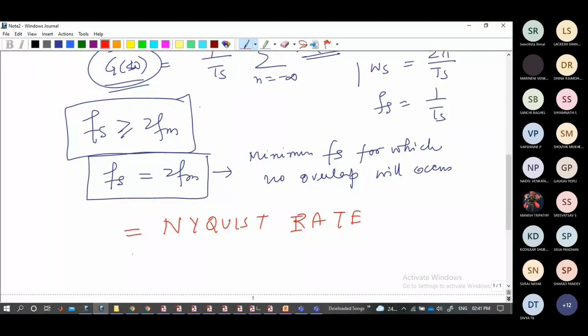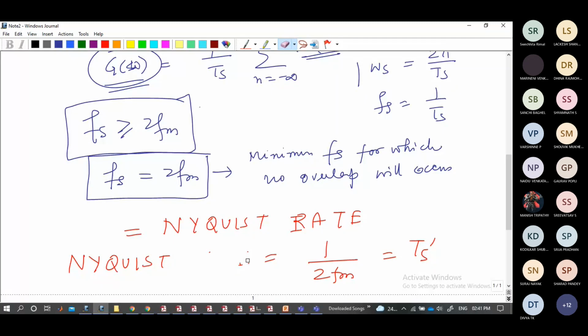And the Nyquist interval will be simply 1 by 2 fm. Suppose I call it Ts prime, because we have already defined Ts. Sorry, this should be the Nyquist interval.